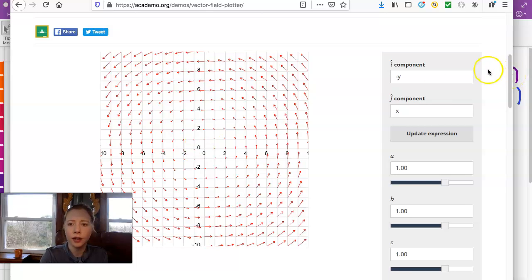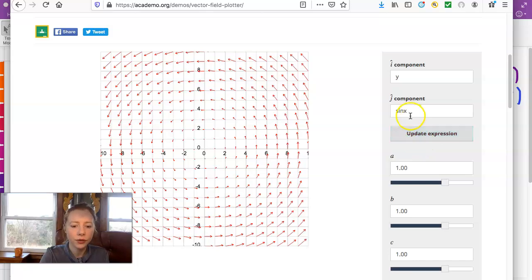So let's look at another one. Let's look at y for our i hat component and sine x for our j hat component. Okay, and so we're also seeing a similar vector field. And you can also notice the vector field is going around counterclockwise.